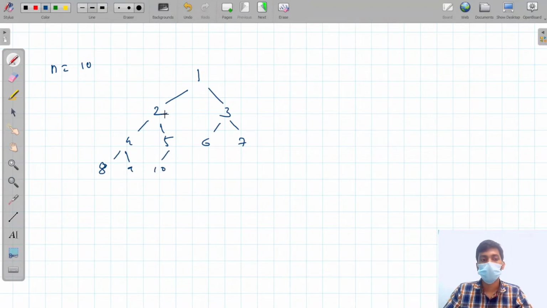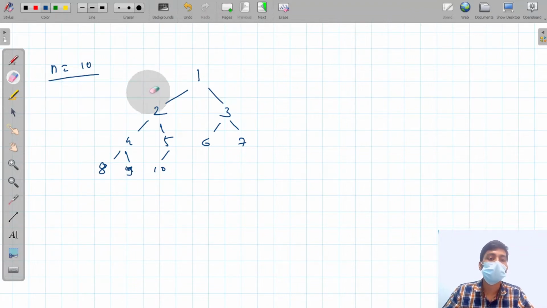So the first line means that in the infinite binary tree, if n is given to us something like 10, then our tree is going to be something like this. This means that every node is labeled in level order. First 1, then 2, 3, then 4, 5, 6, 7, and then 8, 9, 10. This is the first thing given to us.